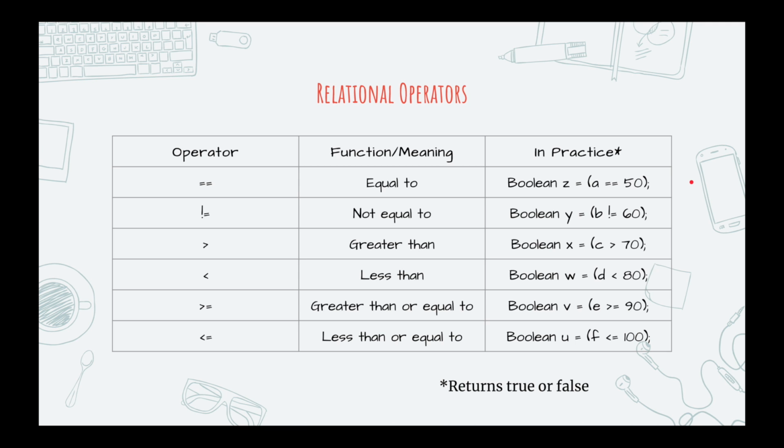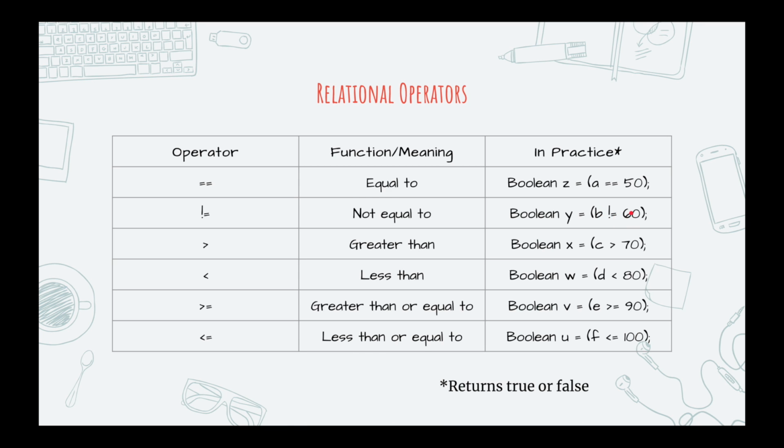Now let's look at the not equal operator. It's basically the complete opposite of the equal to operator. It basically says, hey, if this number is not equal to this number, then it's true. But if it is equal to that number, then it's false. So let's look here. Let's say we declare integer b is equal to 60. Is 60 not equal to 60?